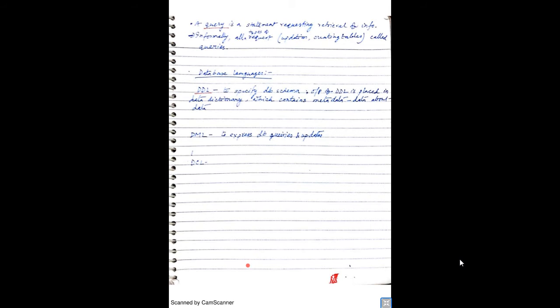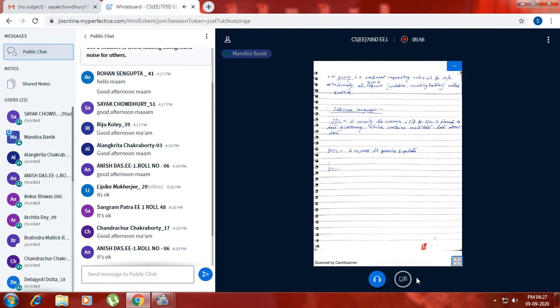So these are the advantages that are not the case with the file system. That's why we motivate ourselves to use the DBMS to store and access a database rather than a file system.